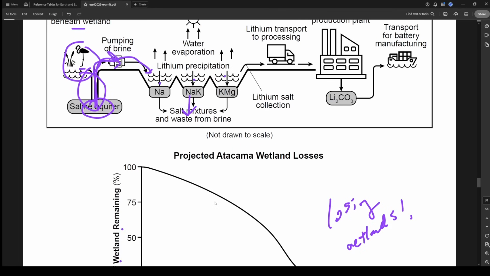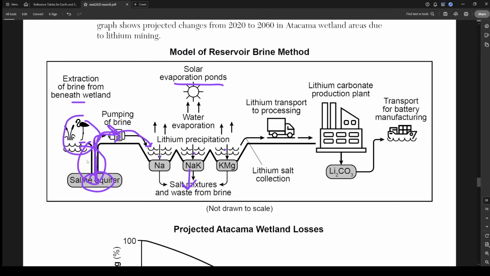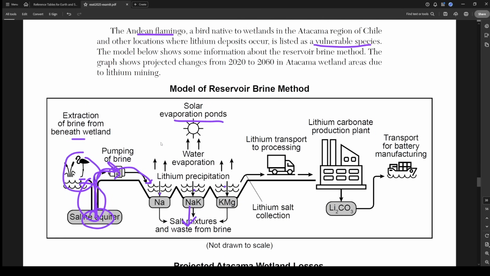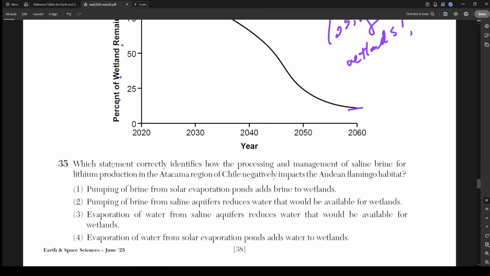So this is important to know: even though the brine method is going to be less pollution, you're destroying wetlands. That's your feedback, right? Because then you're going to destroy the wetlands, which kills vulnerable species.